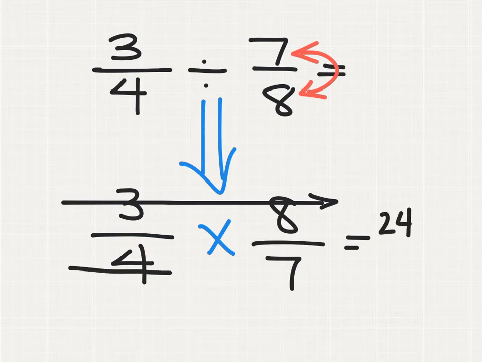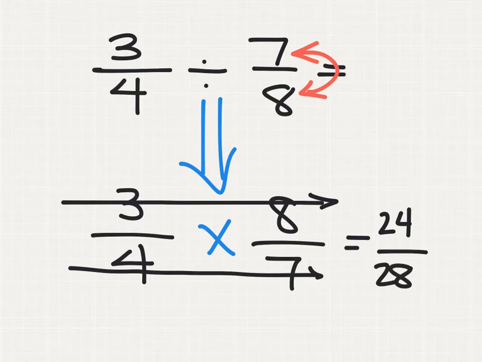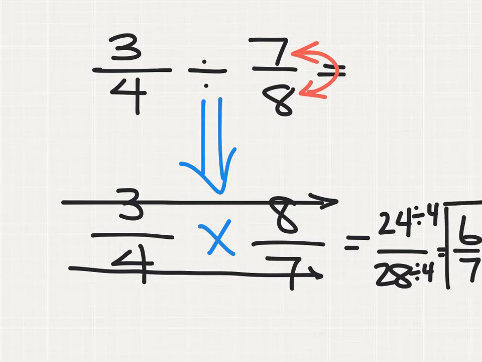Straight across the denominators, 4 times 7 is 28. I know that we can simplify 24 and 28 by the common factor of 4. 24 divided by 4 is 6. 28 divided by 4 is 7. So that 3/4 divided by 7/8 is equal to 6/7.